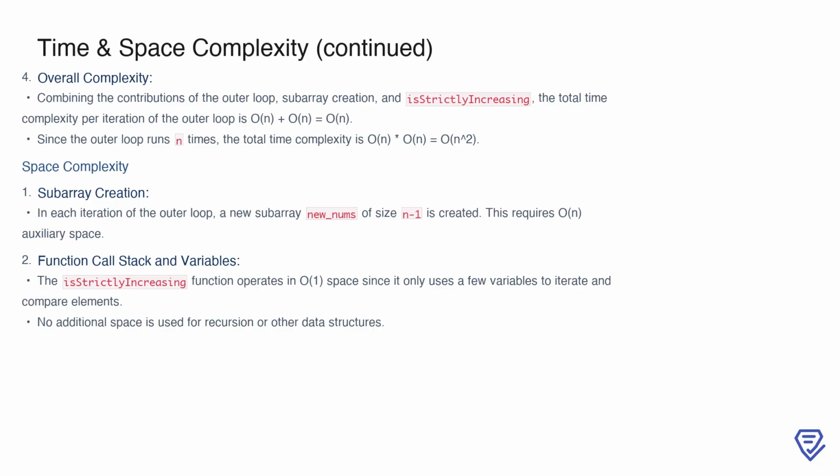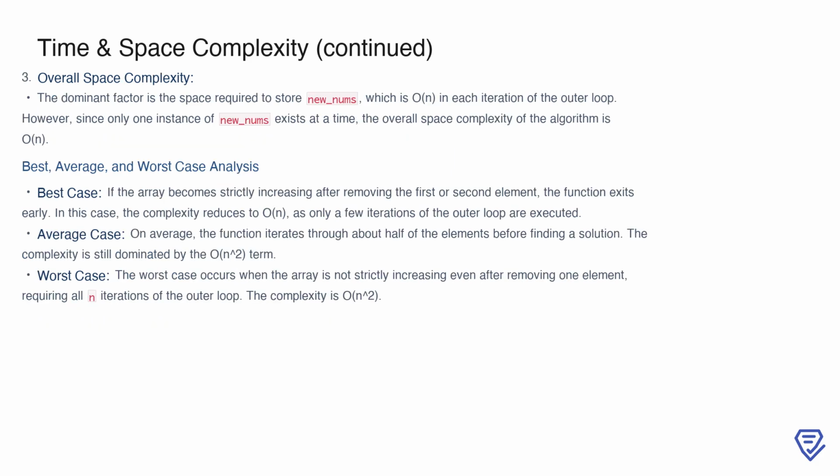As a result, the primary contributor to space usage is the auxiliary memory for the subarray, making the space complexity O(n). To summarize the overall space complexity, it is dominated by the storage of new_nums in each iteration. However, since only one instance of new_nums exists at any given time, the total auxiliary space required remains O(n).